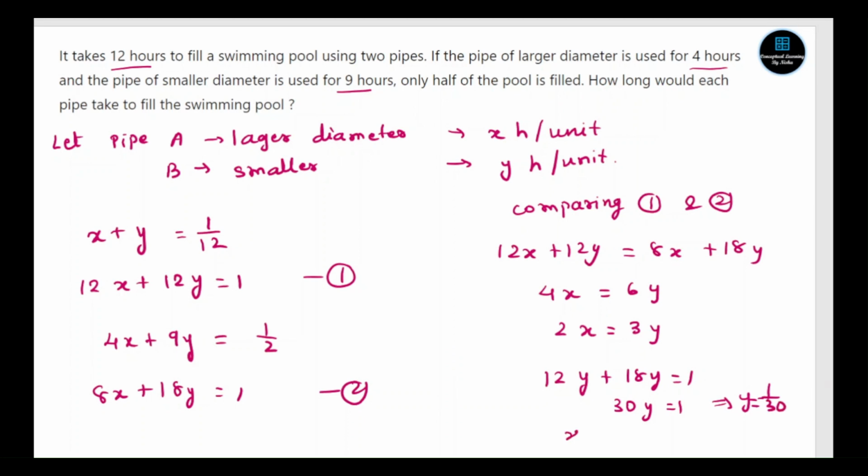And similarly, I'll get x equals 1 over 20, right? So that means the larger pipe will take 20 hours, and the smaller diameter pipe will take 30 hours to fill the swimming pool completely. So write your final answer in a proper way.